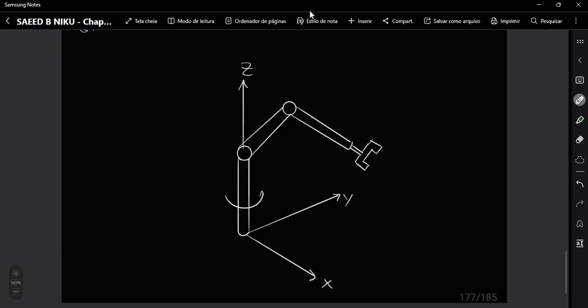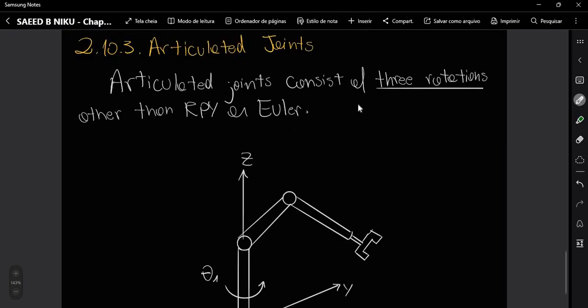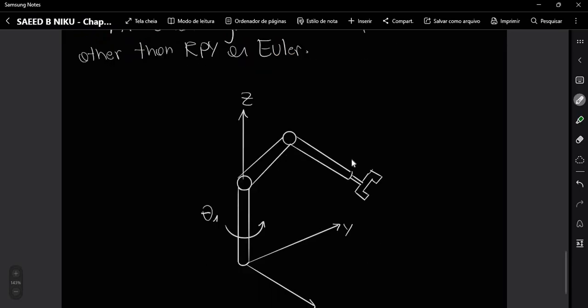So we do rotations. We have three rotations, specifically on these articulated robots. Right here, we can do a rotation. This rotation is being done above the z-axis.